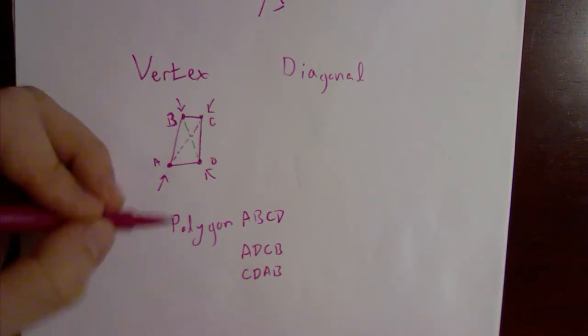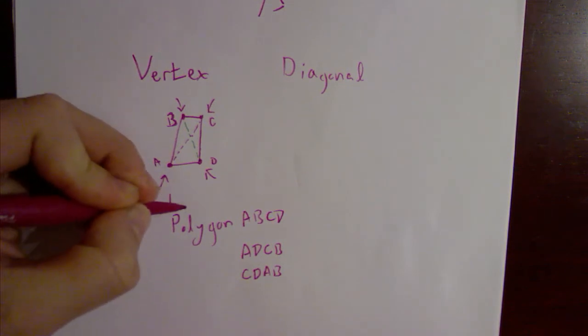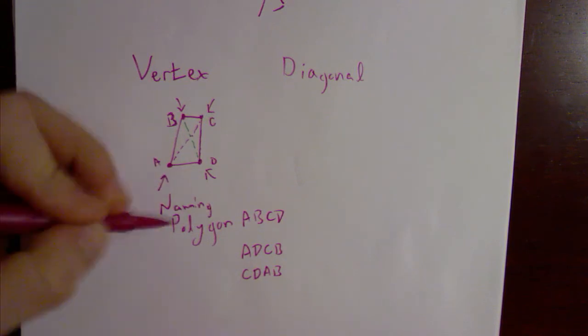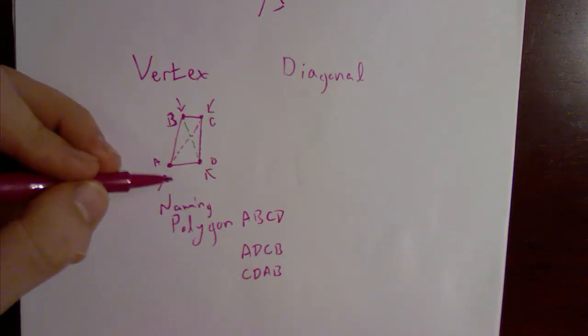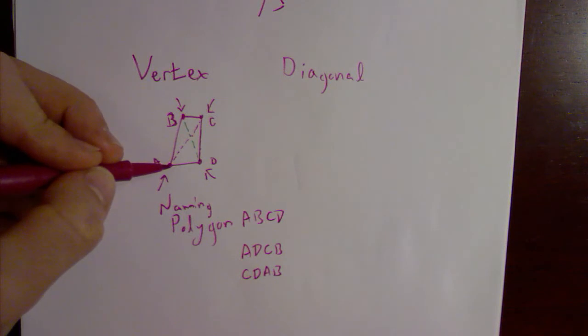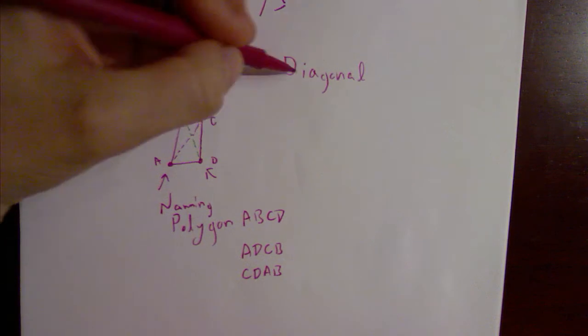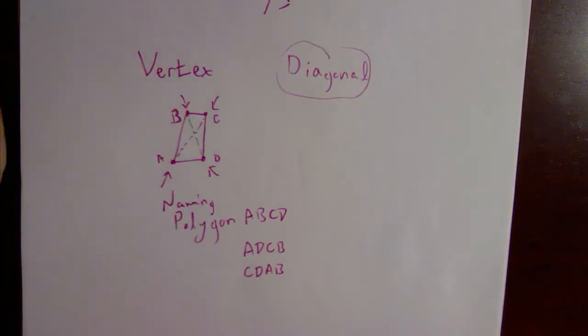Now, when we're naming polygons, the only thing that's not okay in a name is if I say two vertices that are diagonal from each other in a row.